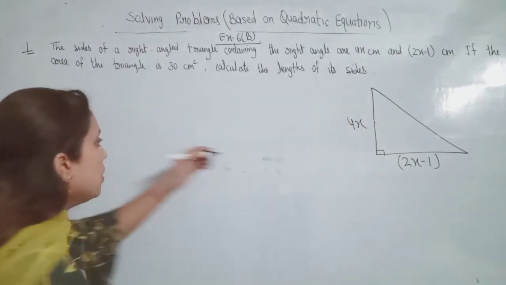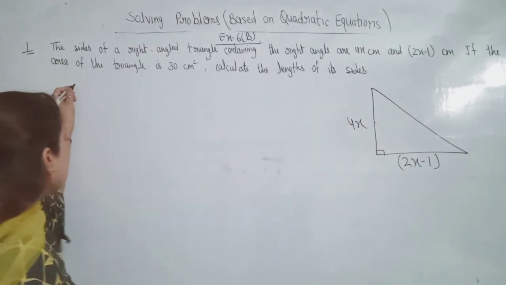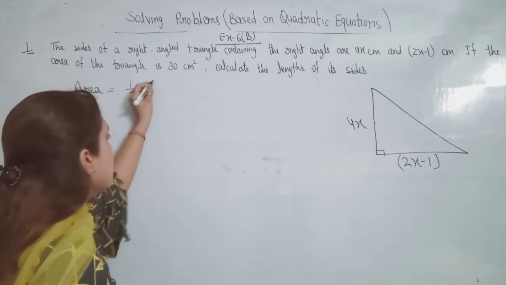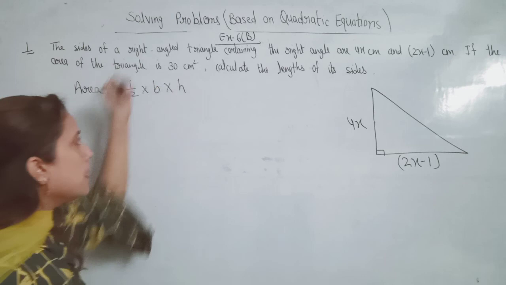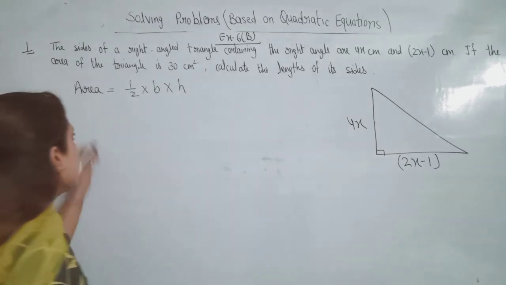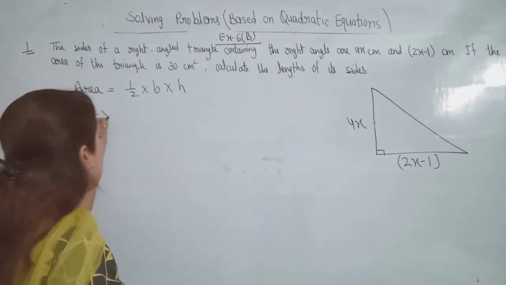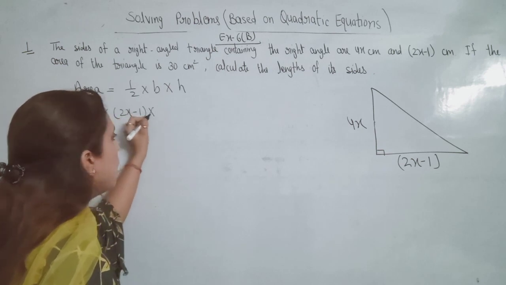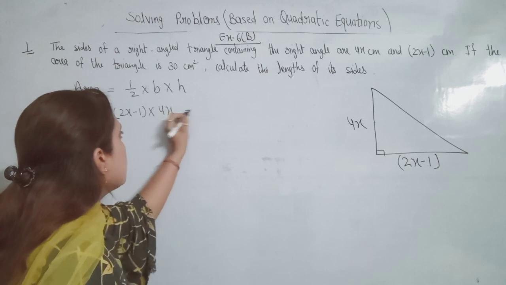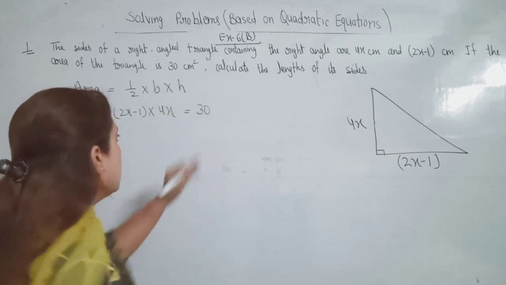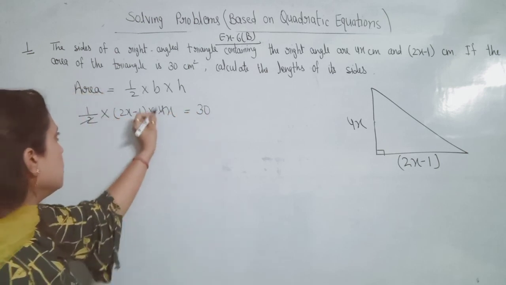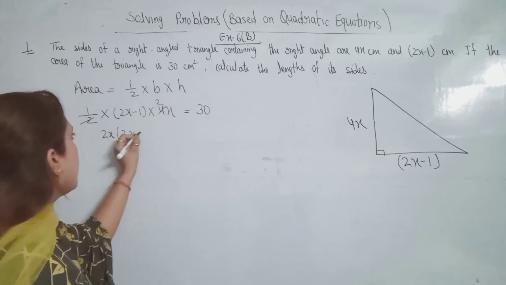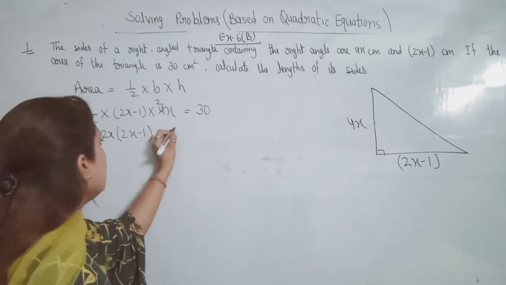So what is given? Area. Area of a triangle is equal to half into base into height. Area is given as 30 centimeter square. So half into base (2x minus 1) into height 4x is equal to 30. 2 times 2x into (2x minus 1) is equal to 30.